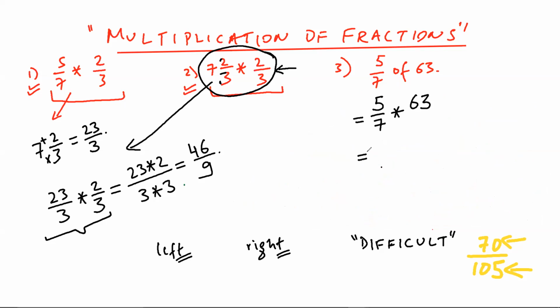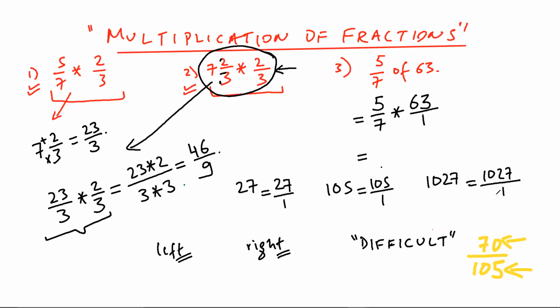So can we write it as 63 by 1? Yes, sir, absolutely. You are absolutely right. Any number, for example 27, 105, or 1027, I can write any number as 27 by 1 or 105 by 1 or 1027 by 1.